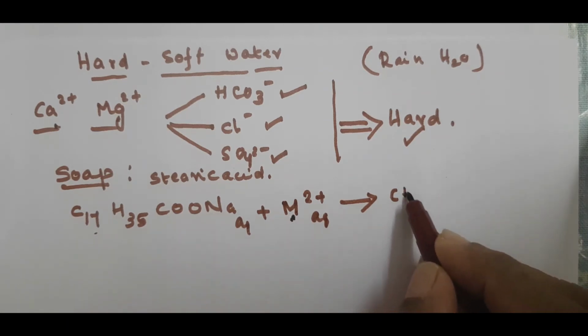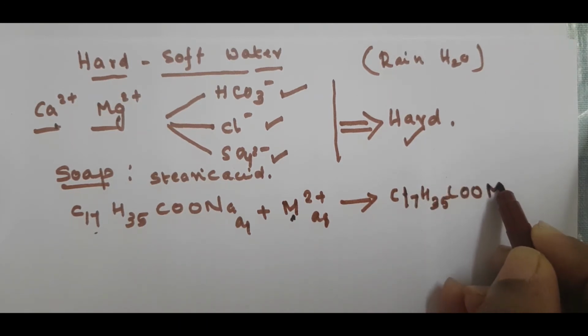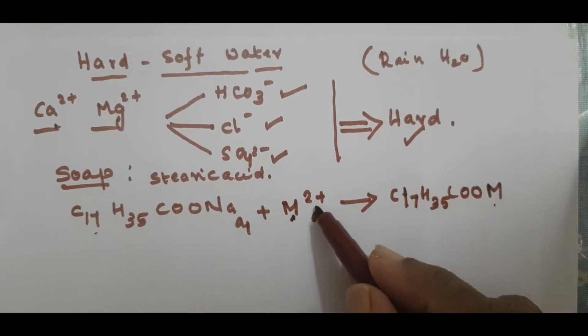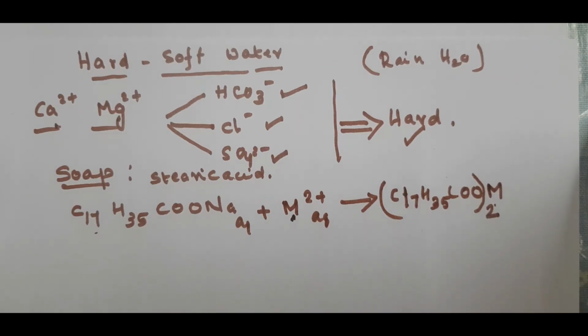That means it will form C17H35COOM. The M must be calcium or magnesium. Since it is 2, you can have twice. So this is the product you get, and the sodium from this soap is getting removed like 2Na+.